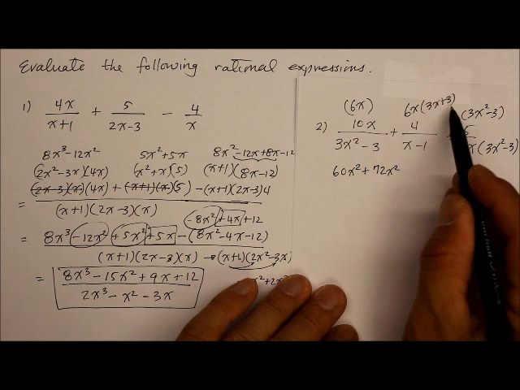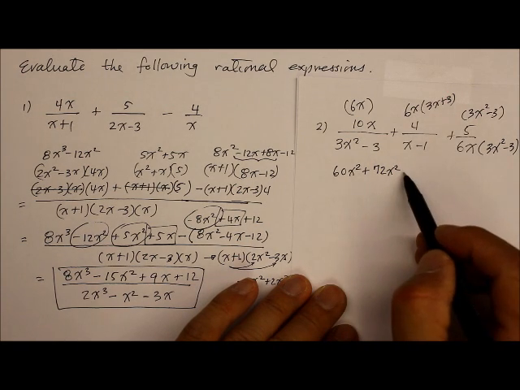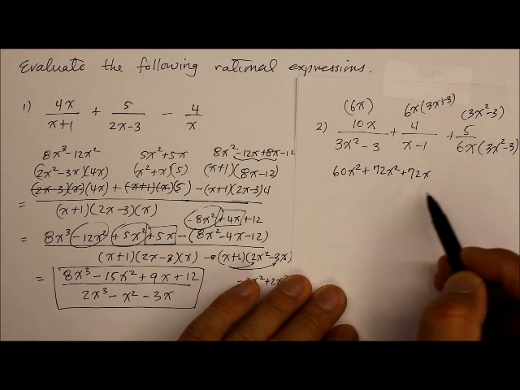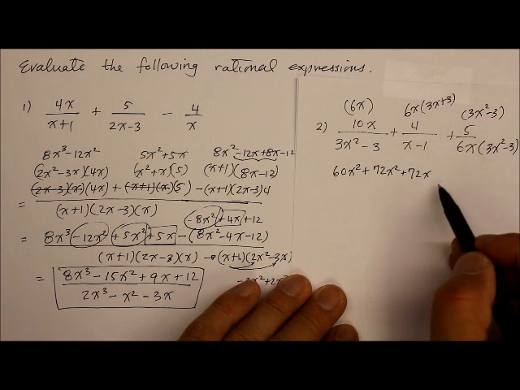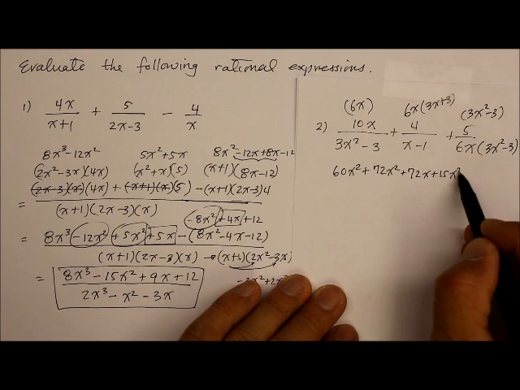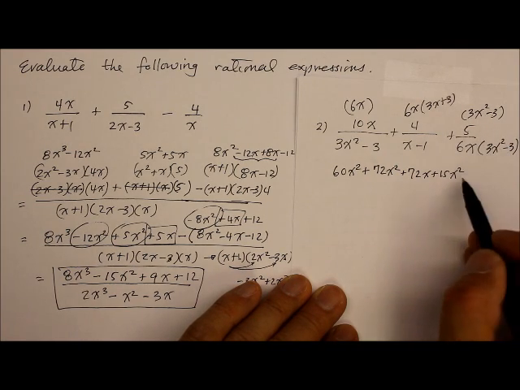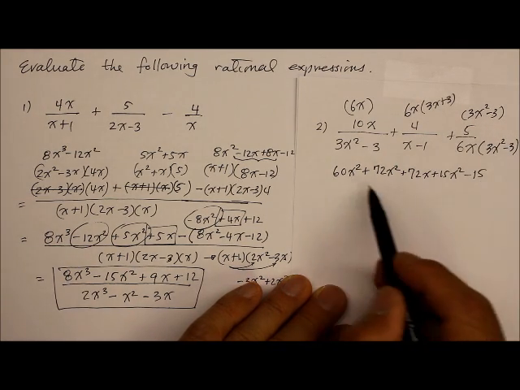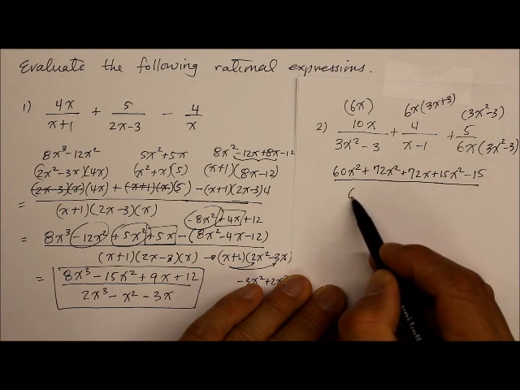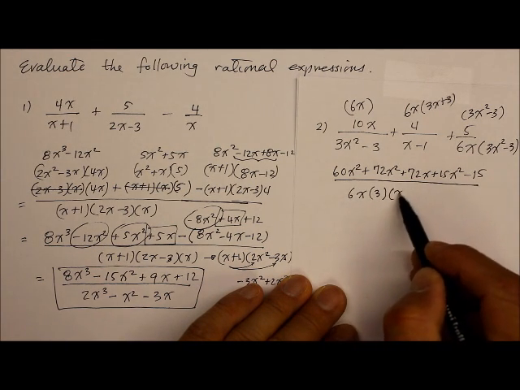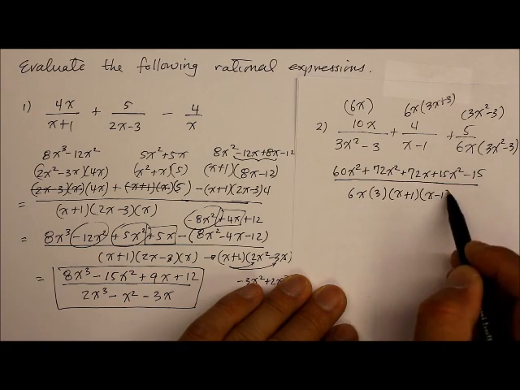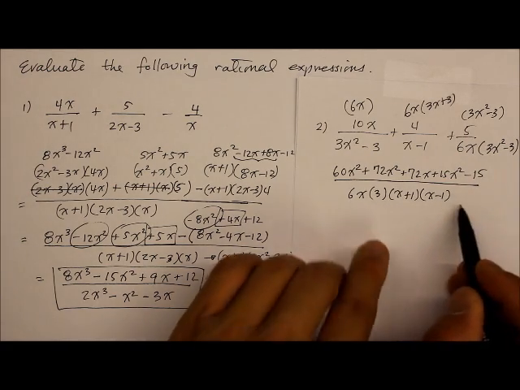And 24x times 3 is 72x. And this one, 5 times 3x squared is 15x squared. And 5 times a negative 3 is negative 15. All over 6x times 3 times x plus 1 times x minus 1. Those were all the different denominators put together.